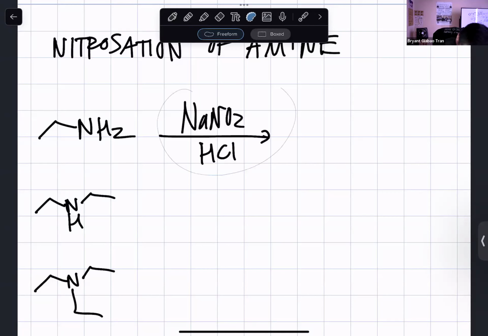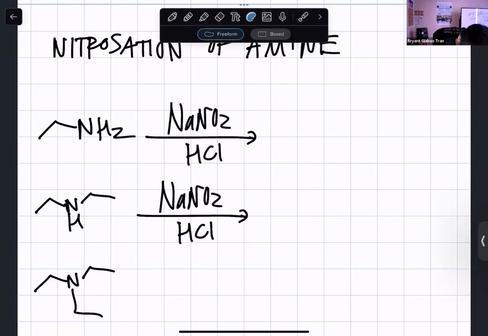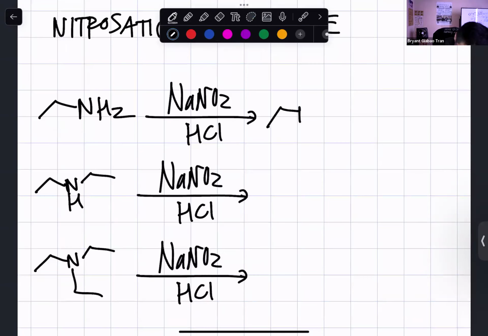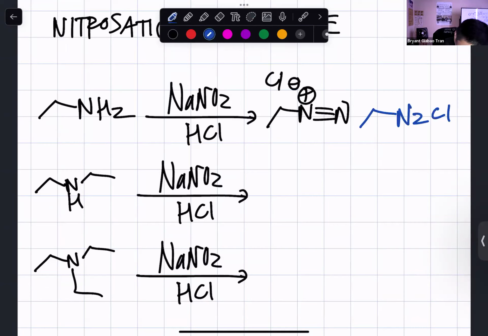Same for all of these, right? Primary, secondary, and tertiary. If you have a primary amine, you're going to have this diazonium salt, right? On multiple choice, you might see it as this in blue, N2Cl.